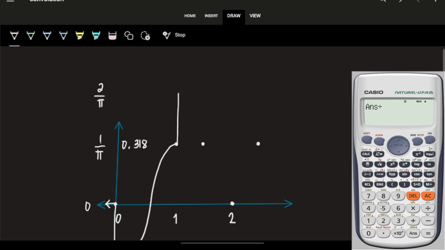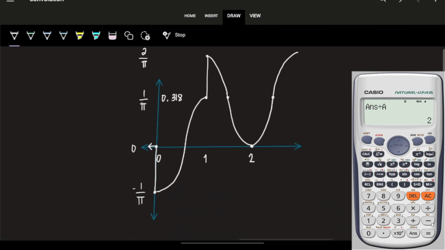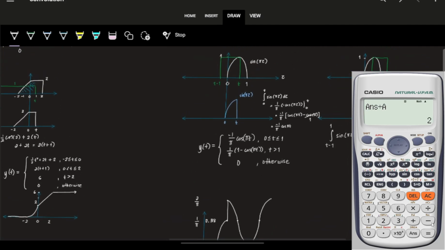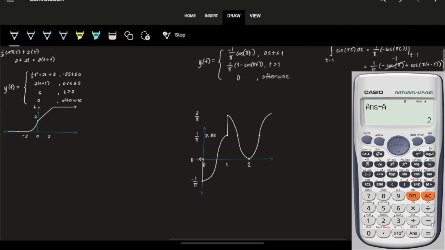Divide natin by alpha, roughly that's 2. Then magsa-sinusoid ulit siya. So this is the behavior of the convolution of a square pulse and a half sinusoid.